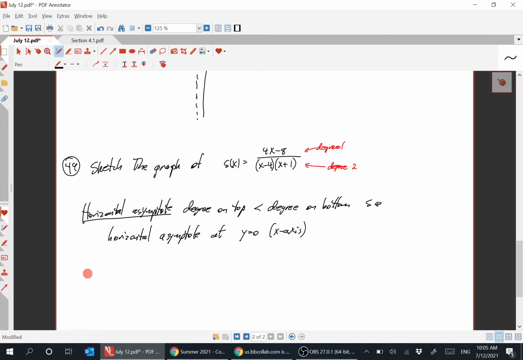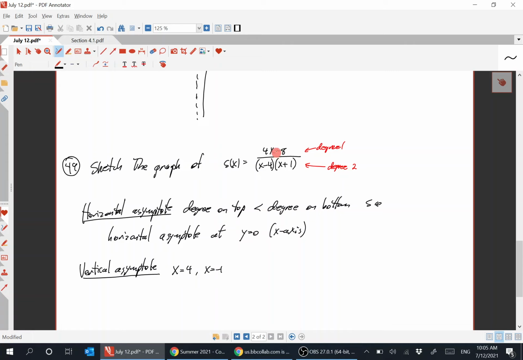And vertical asymptotes, that's where the bottom is 0, but the top is not. So that's at x equal to 4 and x equal to negative 1. And you'll notice on the top, if you plug in x equal to 4, you get 8, which is not 0.